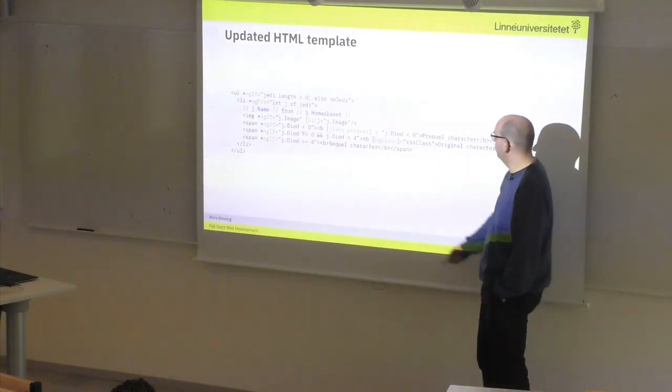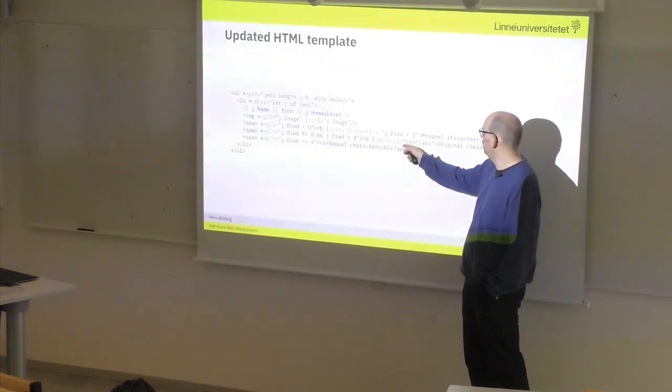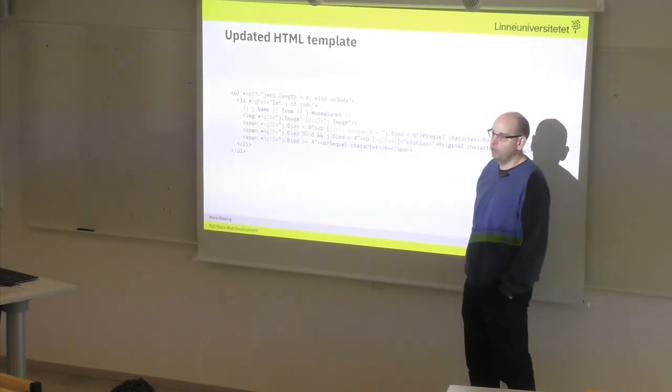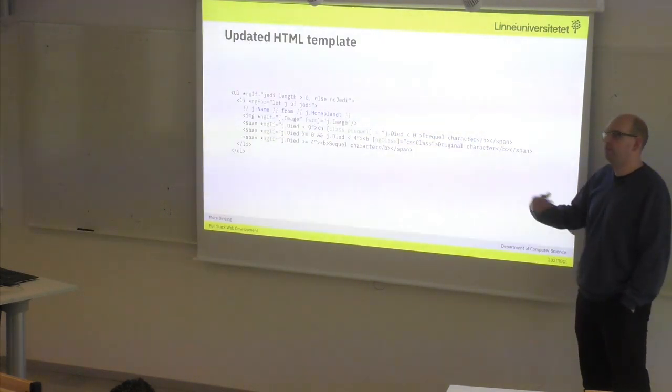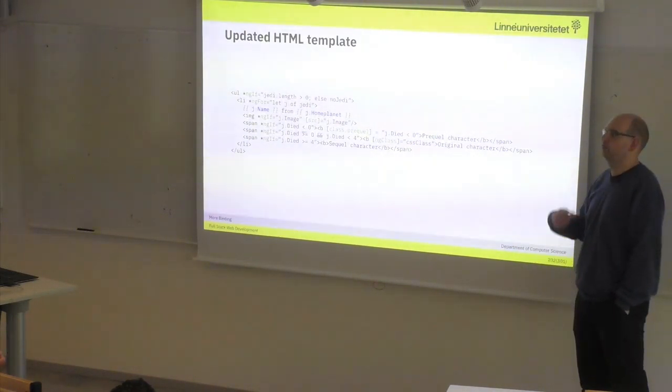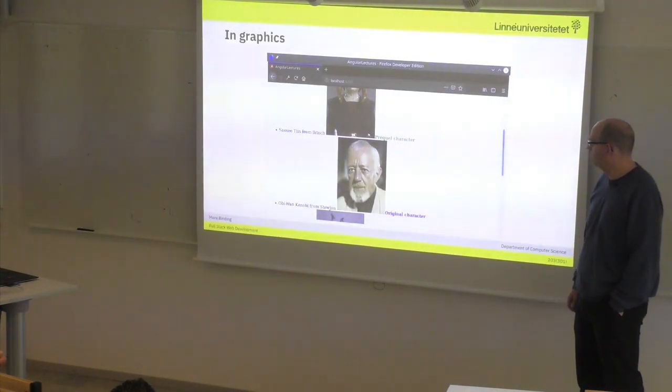Or we could use ng class like this, and then we point to a variable that uses a method in order to get a number of attributes. In this case, we use just one and put it to green, I think. Let's see. No, purple.